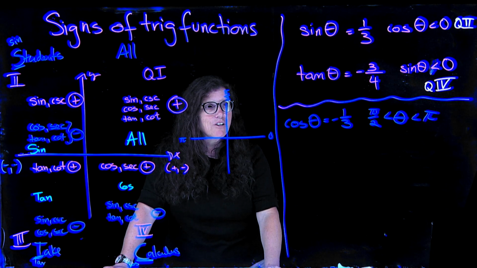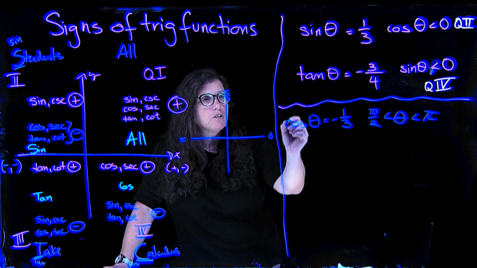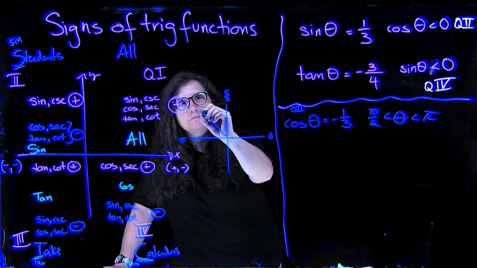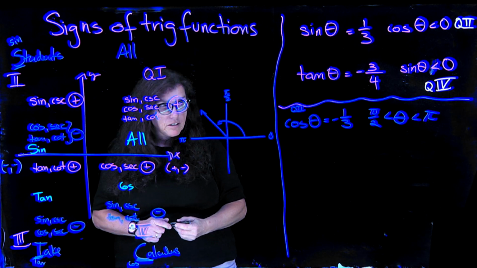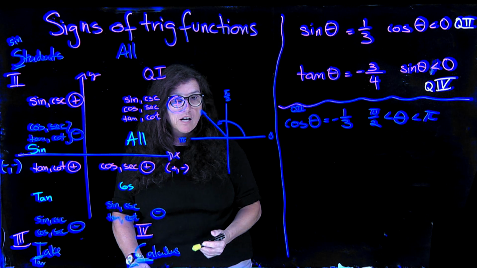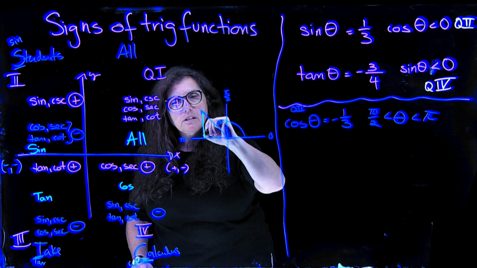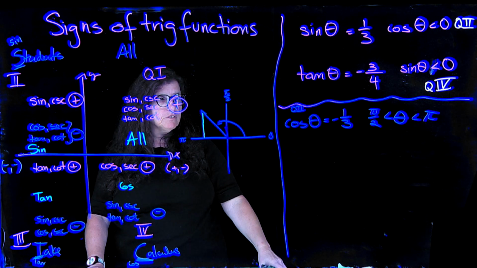So that means our angle is in which quadrant? Q2, somewhere right here. Okay, that is our angle. What we can form now is a right triangle, and this angle is called the reference angle, which I explained earlier.